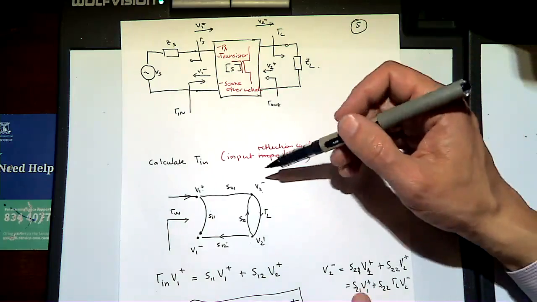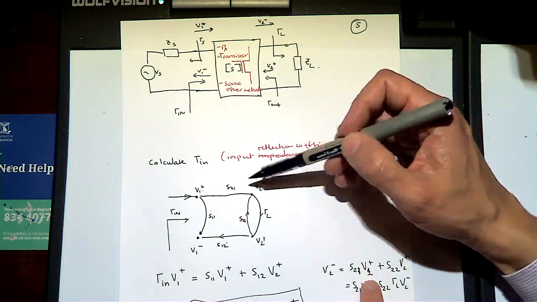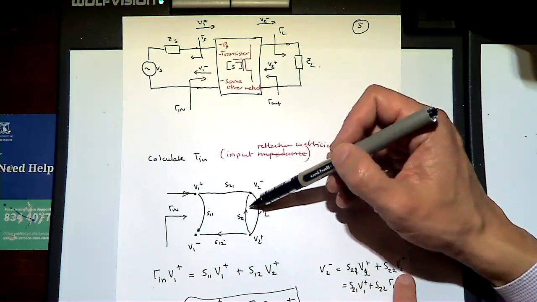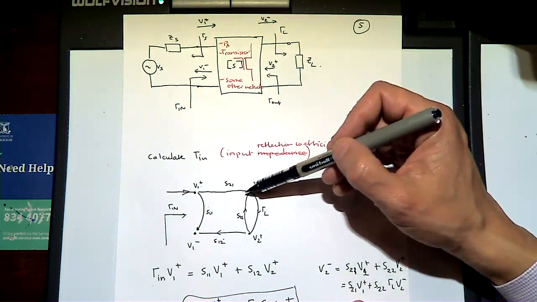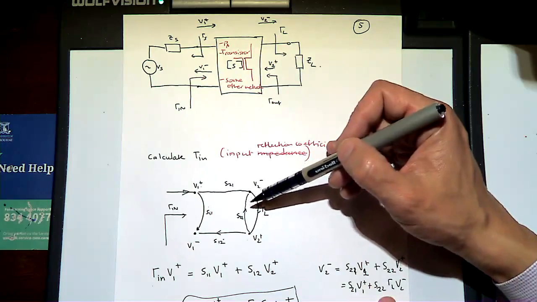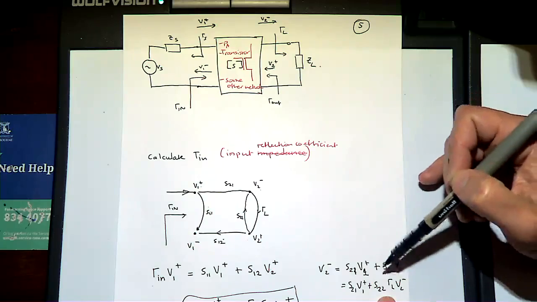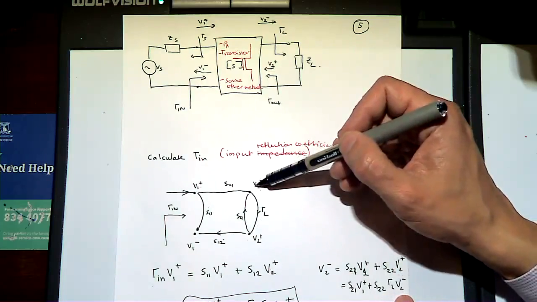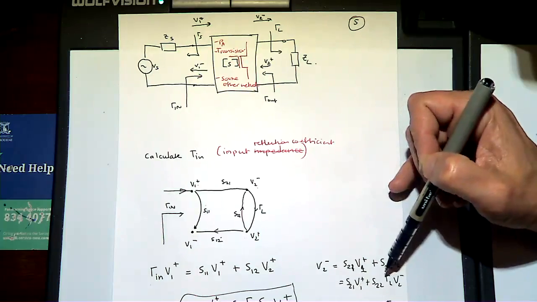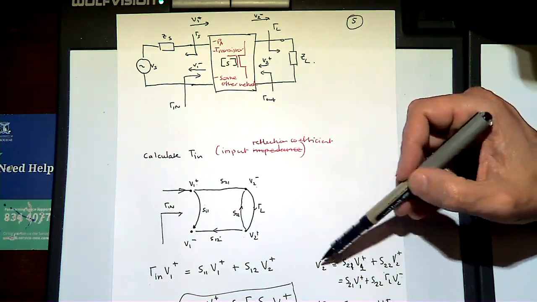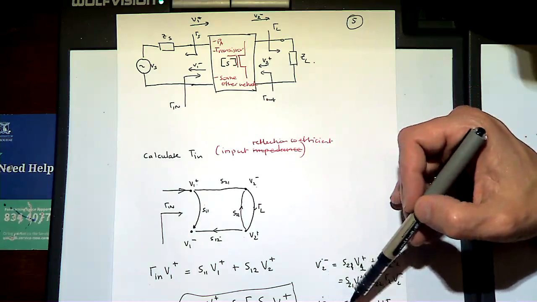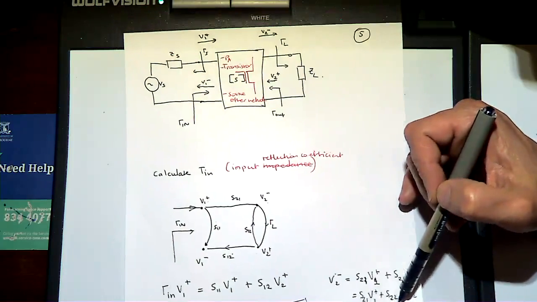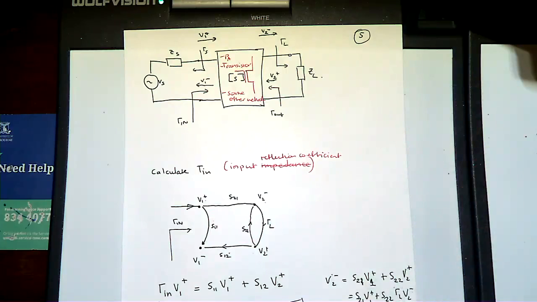Now we know that V2 minus is S21 V1 plus plus S22 V2 plus, right? And we also know that V2 plus is gamma L V2 minus, right? So we can write that there. If we take the V2 minus all to one side, we get V2 minus is equal to S21 over 1 minus S22 gamma L, times V1 plus, right?